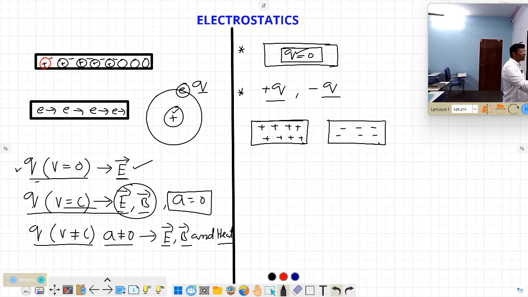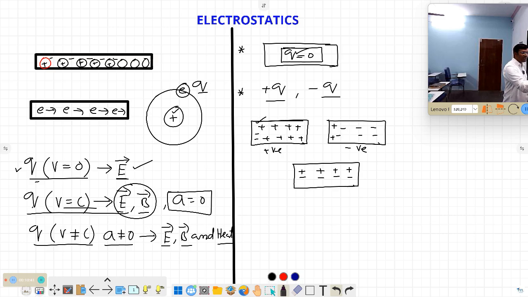Other than these, we can also explain one more body called a neutral body. If a body contains more positive charges compared to negative, that body is called a positively charged body. The body which contains more negative compared to positive is called a negatively charged body.